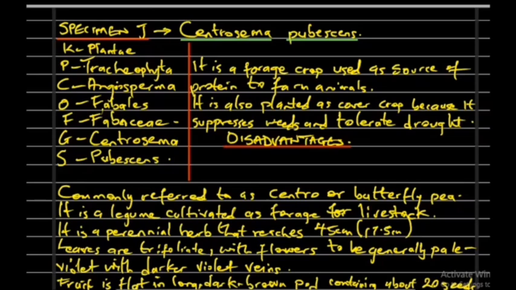Now, the major disadvantage of the crop is that it ripens unevenly, preventing mechanical harvesting.